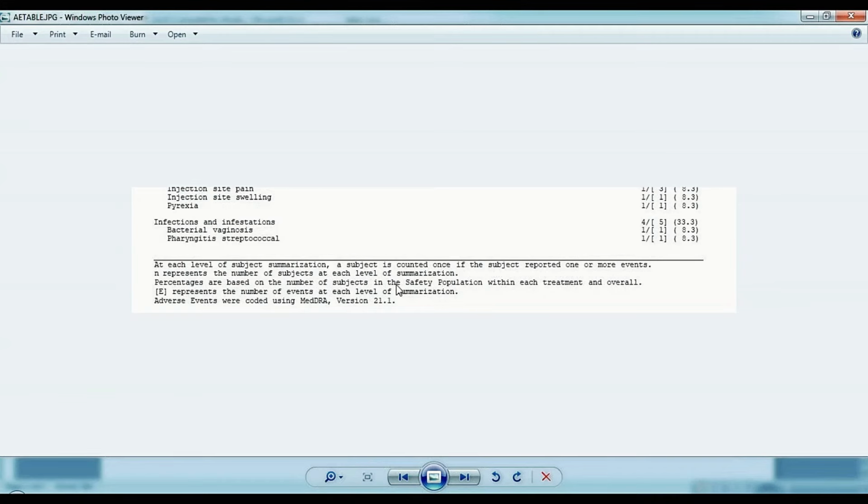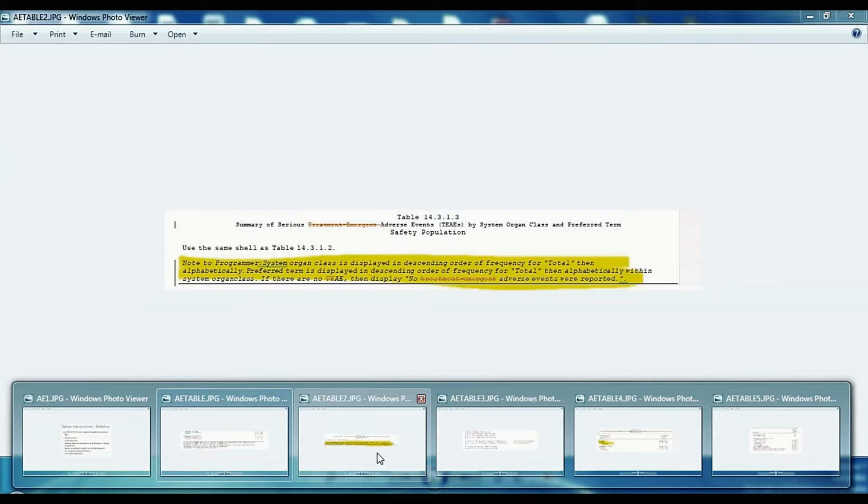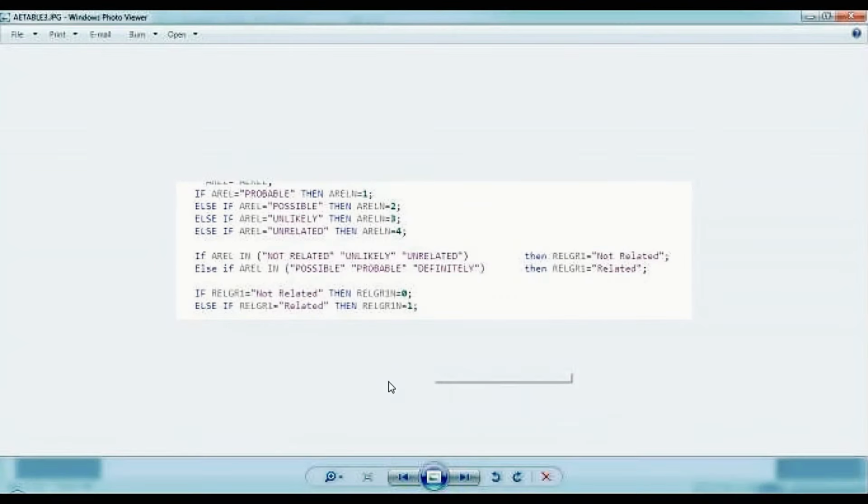Percentages are based upon the subjects in the safety population, so the capital N count comes from the safety population of ADSL. Small n divided by capital N times 100 gives the percentage. The E in brackets represents the number of adverse events. This is the most important; interviewers may definitely ask you if you have done adverse event tables. Okay, here is one more question.